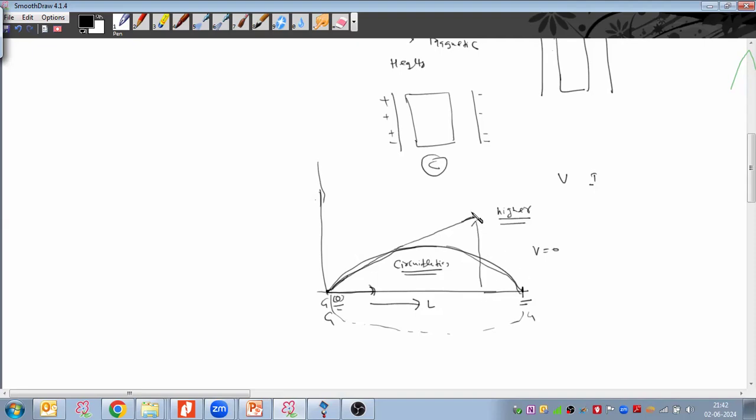And suppose there is any transient overvoltage or short circuit current flowing, then this induced voltage would be very much higher.